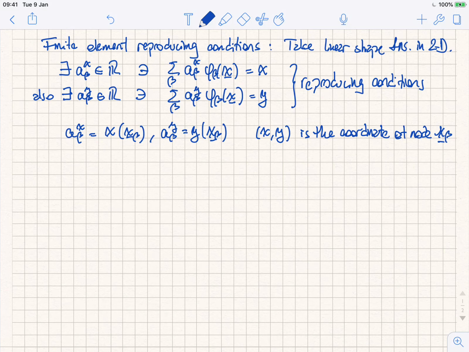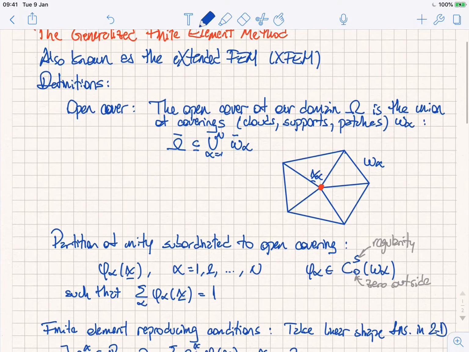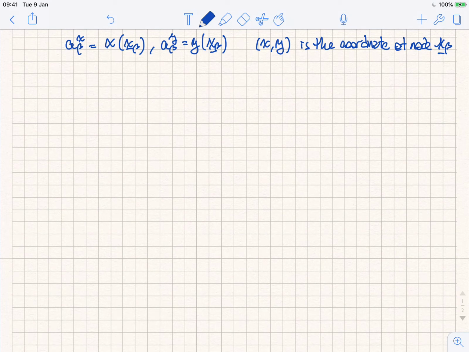Yeah, so this is basically what we need to define before we start getting into the finite element spaces. So let's talk about spaces.